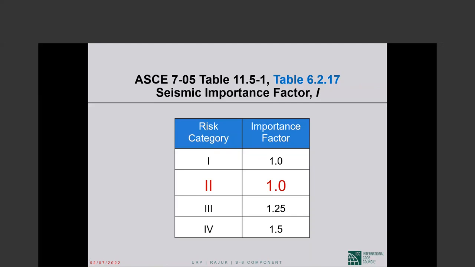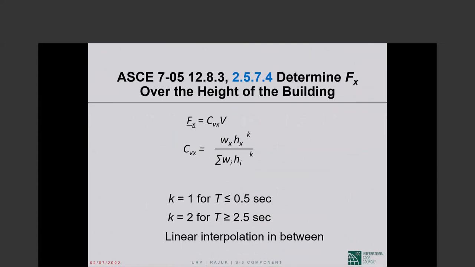The unimportant structures at occupancy category 1, the importance factor is also equal to 1. There is no importance factor smaller than 1. Category 3, which would be essentially assembly buildings where a lot of people congregate in one space at one time, I is 1.25. And then 4, essential facilities, hazardous facilities, I is 1.5.